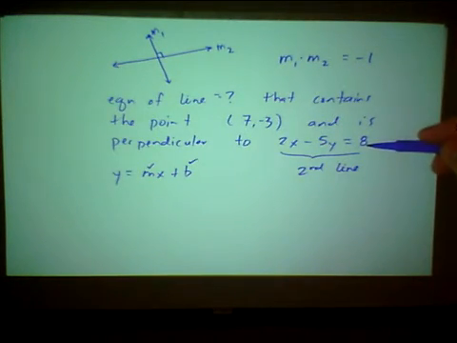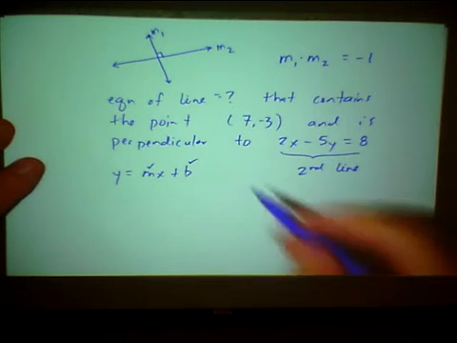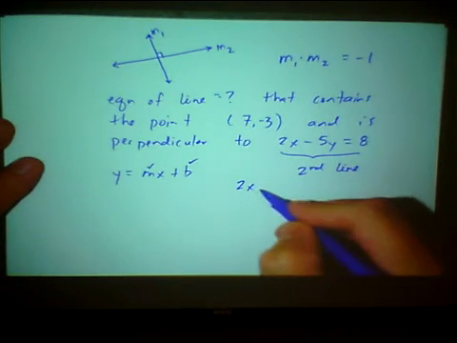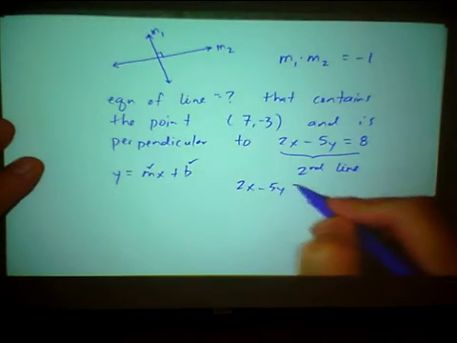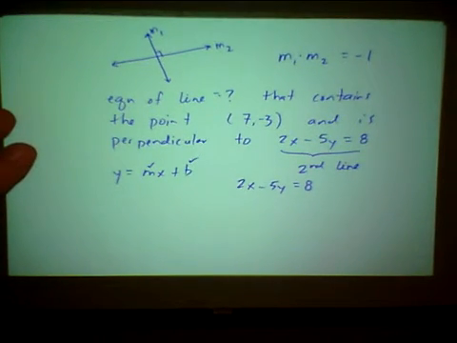So let's first find the slope of the second line. And once again, if you're given an equation of a line, how do you find the slope? You rewrite this equation so it is in slope-intercept form, which means you get y by itself. So I'm going to take this equation, 2x minus 5y equals 8, and get y by itself.